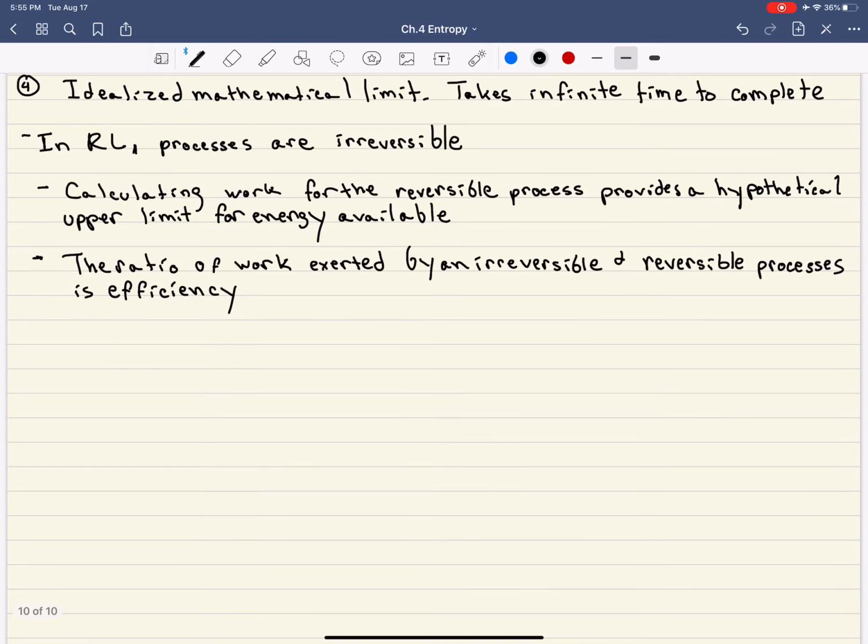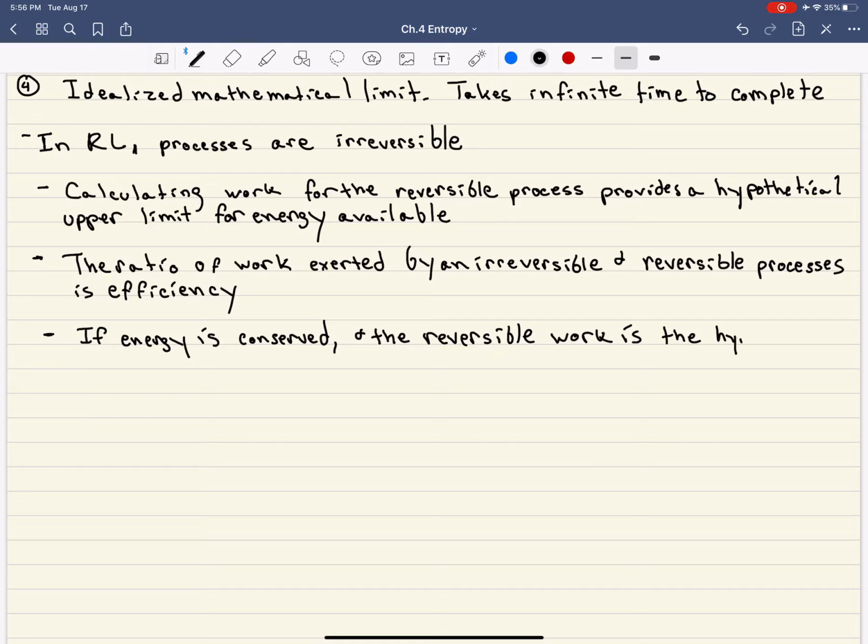And so if we think about the first law of thermodynamics again, if energy is conserved, the reversible work is essentially the maximum amount, or the hypothetical amount, of energy that's available to be transferred from your system.